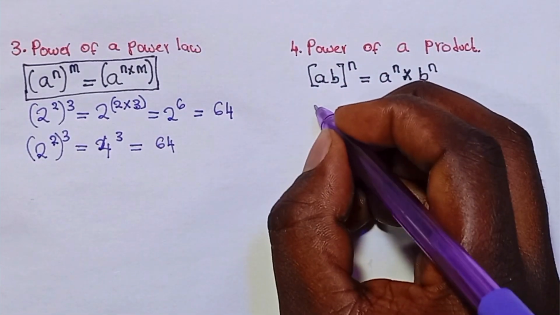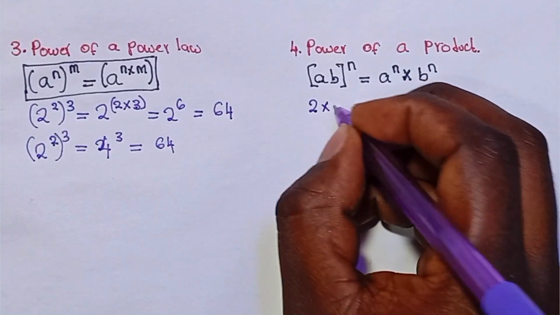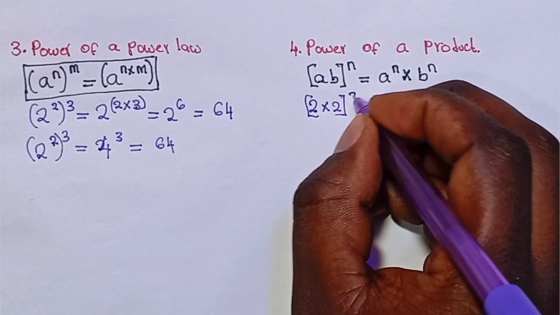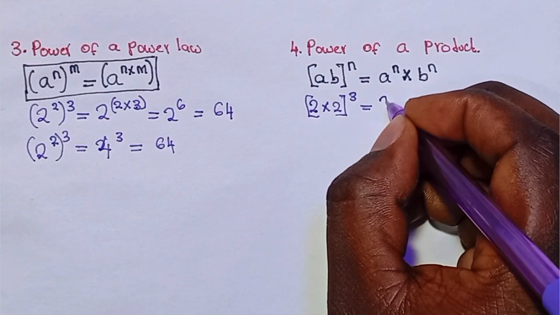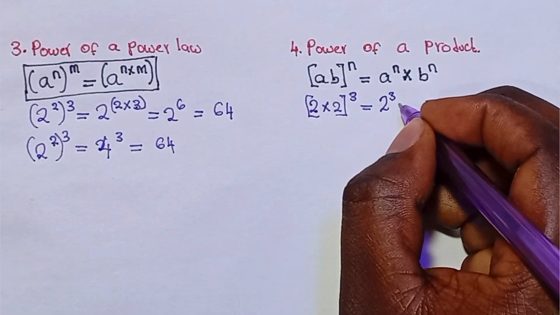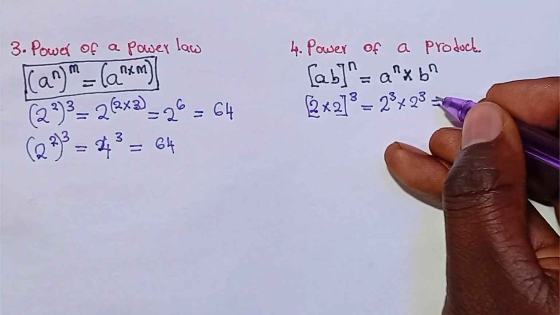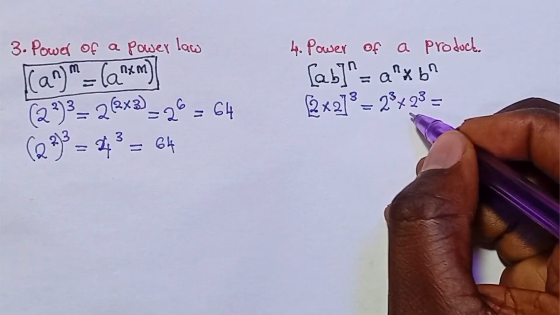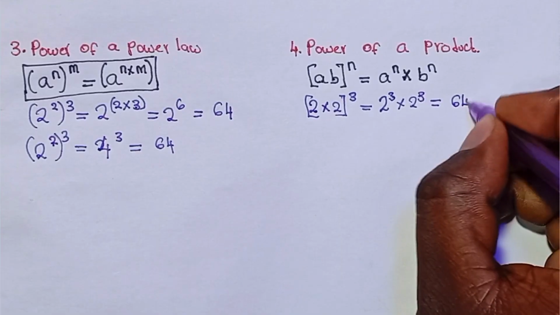So if you have, let's say, (2 times 2) raised to 3, this means we are going to have 2 cubed times 2 cubed, which is going to give us 8 times 8, which is going to be 64.